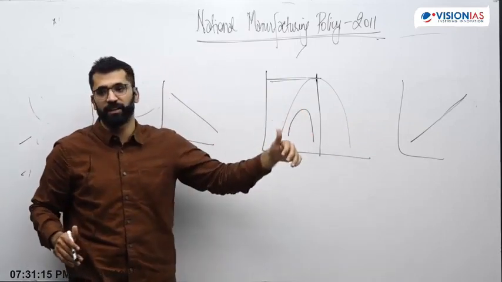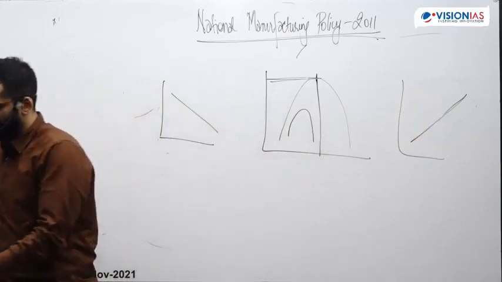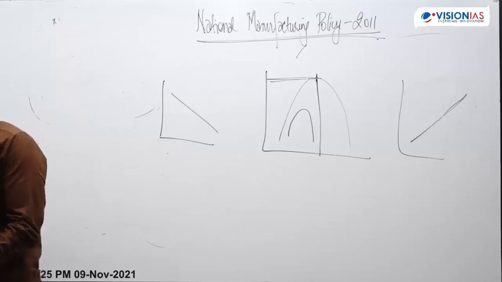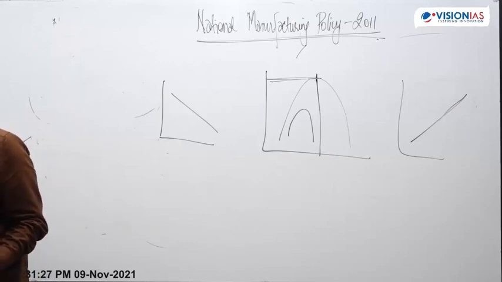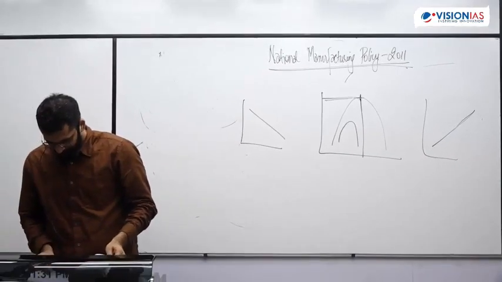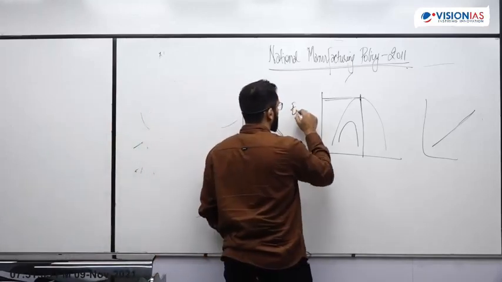We started deindustrialization. Mostly it was shifted to services. Why? This is your normal structural transformation. But I'll give you numbers also on this. This is your employment share and this is GDP per capita.